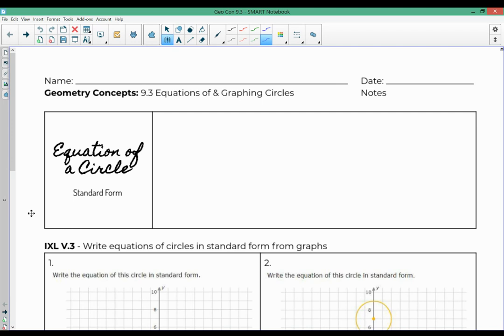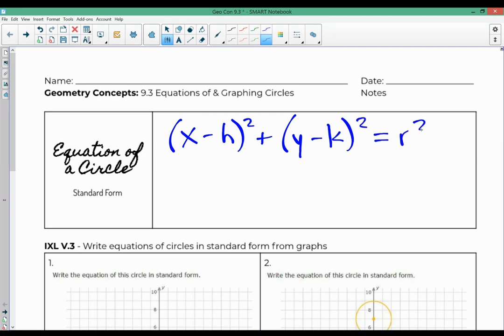So the equation of a circle in standard form is (x minus h) squared plus (y minus k) squared equals r squared.